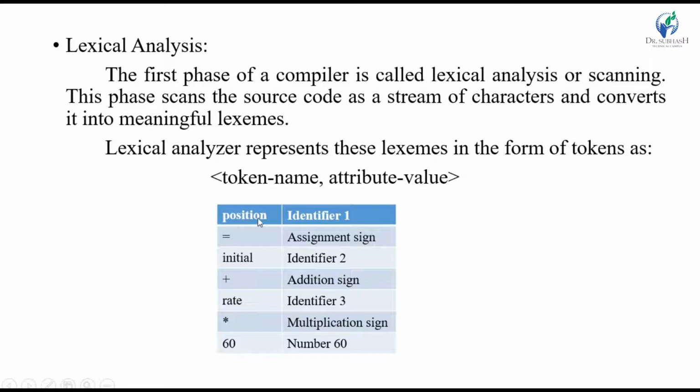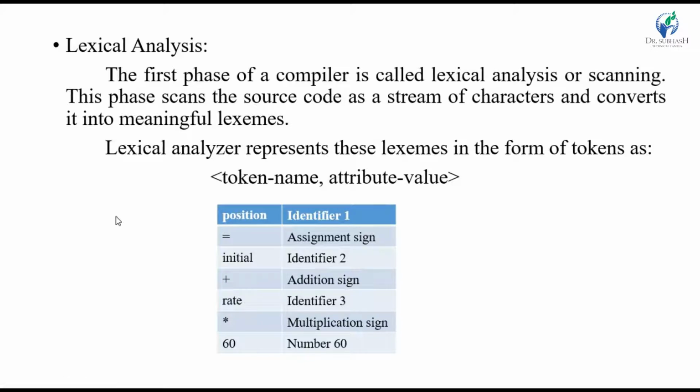First is position, identified as identifier 1, then equal to, which is the assignment sign. Initial is also an identifier, identified by identifier 2, then plus, which is the addition sign, then rat, identified by identifier 3, then the multiplication sign, then the number 60.